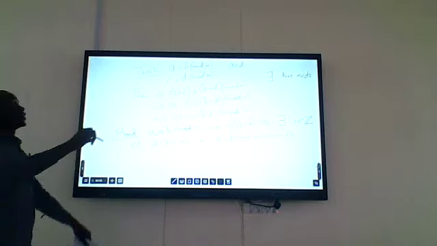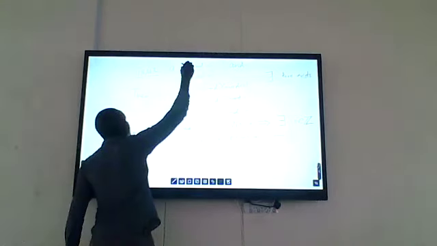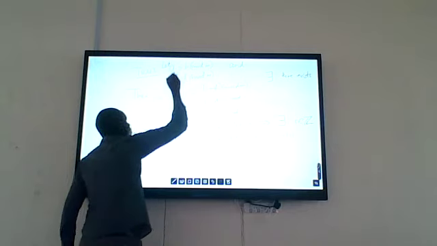So here from the definition, this is how the theorem works.